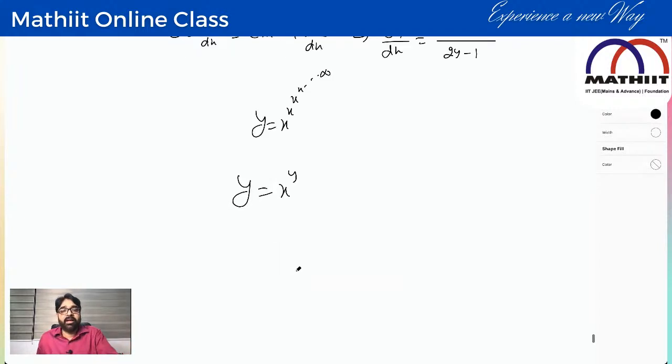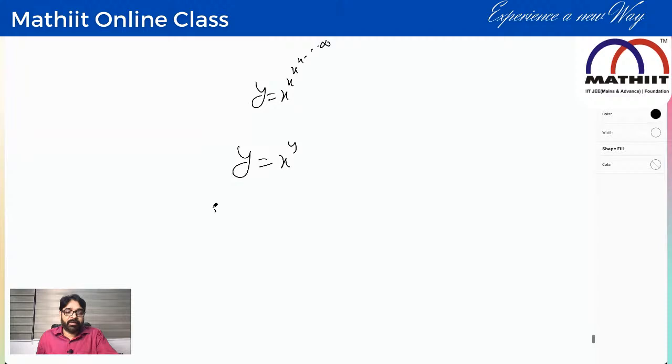If you remember, how will you do the power function? The derivative dy by dx will be equal to, assuming the exponent is a constant, y into x power y minus 1 into the variable's differentiation. The variable is x, so x differentiation is 1, plus, now assuming the base is a constant, using the a power x formula, x power y into ln x into the differentiation of the variable. The variable is y this time, so dy by dx.